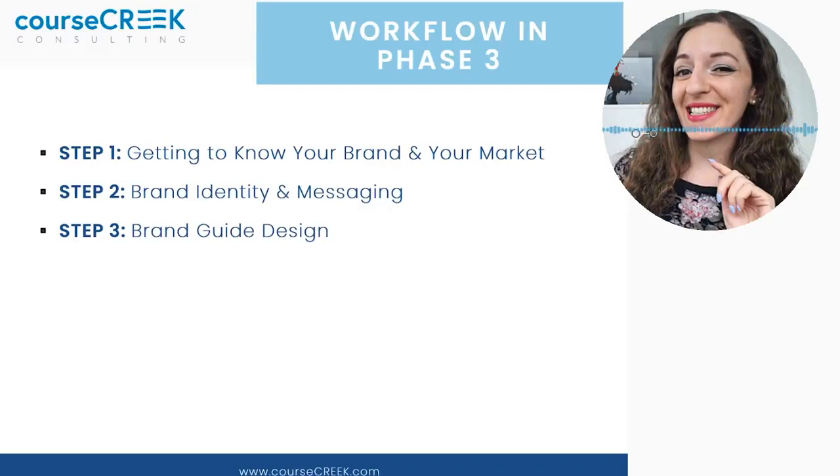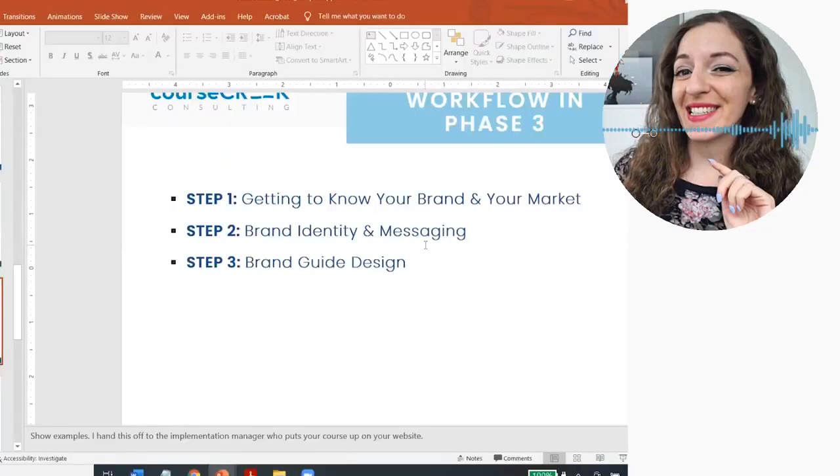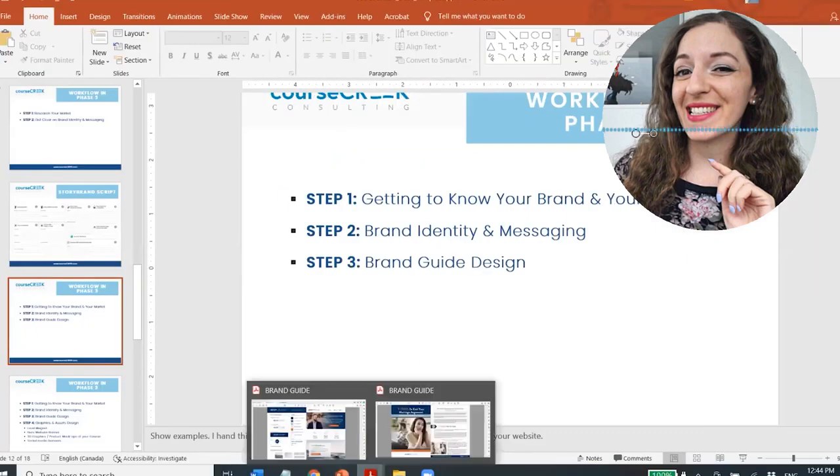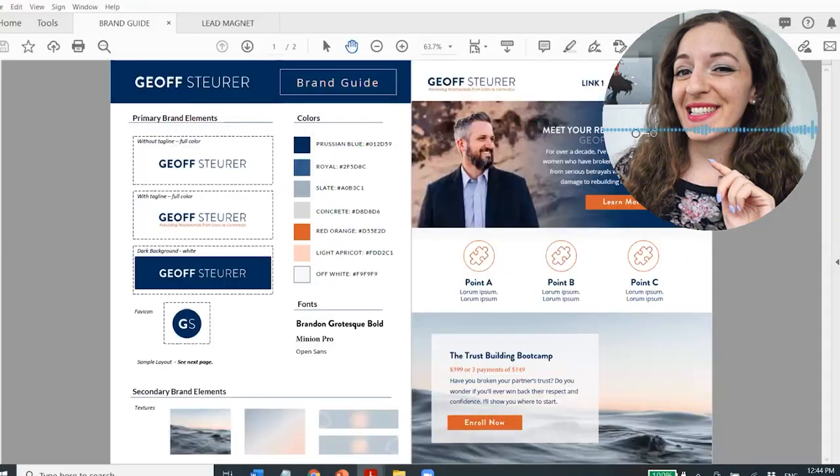So the other thing as well, step 3 is really about creating a map that is a brand guide. So the brand guide is a tool that just helps everyone stay on the same page in terms of messaging, branding, layout, design. It's really important, especially when you're working with other subcontractors or agencies to help you out in this process.